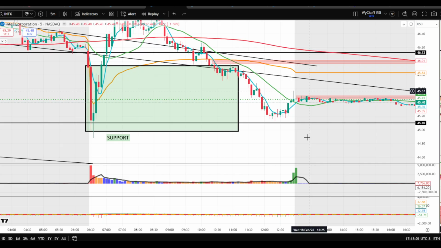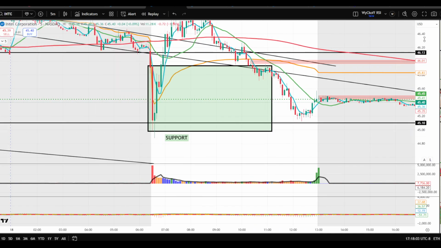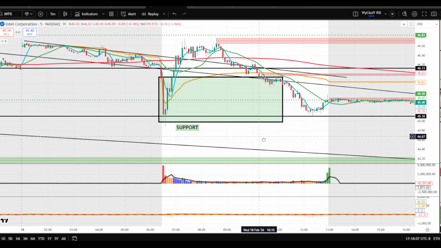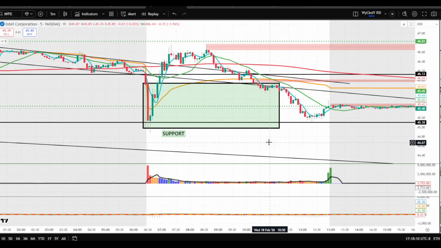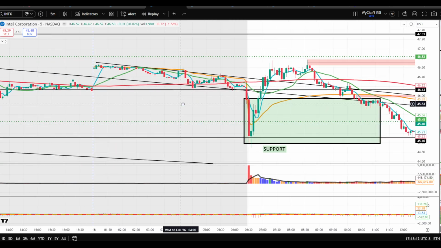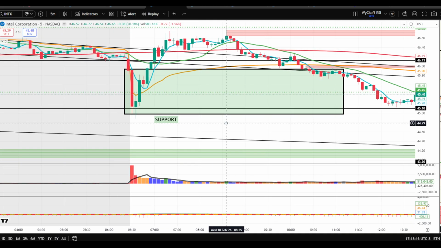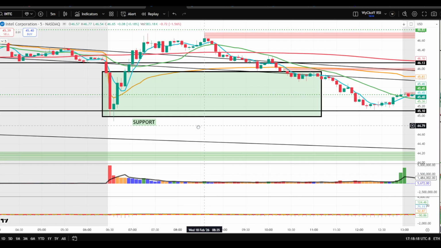So again, understanding where your support and resistance levels are gives you a better basis, thesis, and confidence on your trades. Obviously, we're not here to forecast and predict. It's just probabilities.